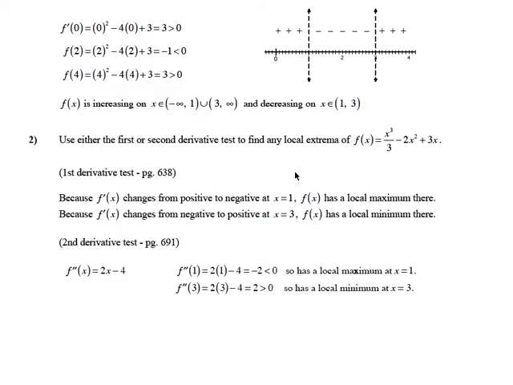And so, of course, if it's concave down, then there's going to be a peak, and that's where our local maximum is. In the second instance, because the second derivative is positive, that indicates that it's concave up, and so that means that it's going to bottom out at some point, and that point is x equals 3.